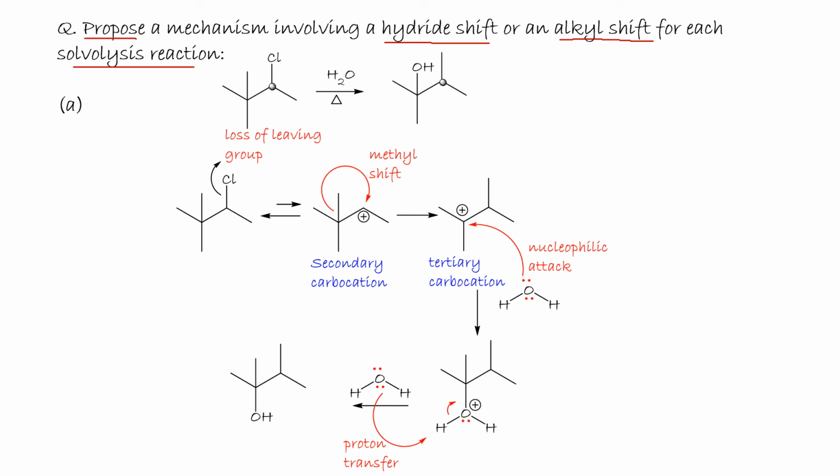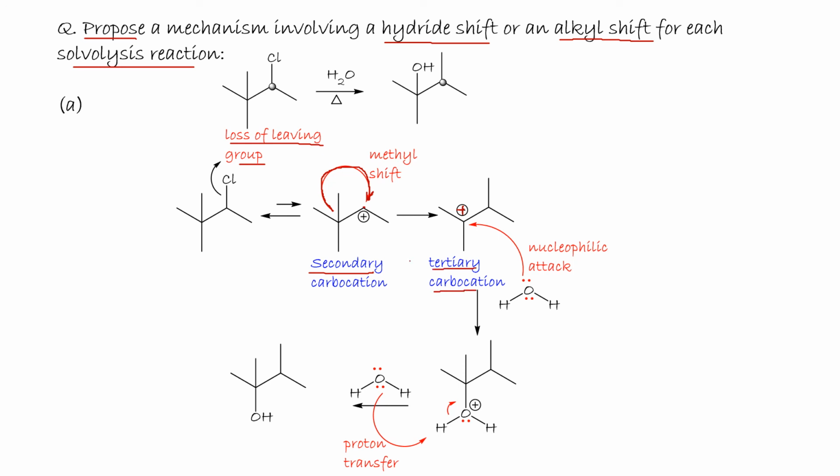So what happened in the first step? Loss of leaving group, formation of secondary carbocation. Upon alkyl or methyl shift, the carbocation will be on this carbon, tertiary carbocation.